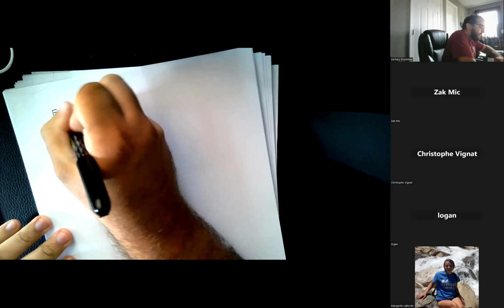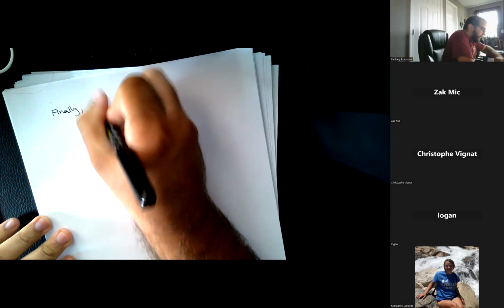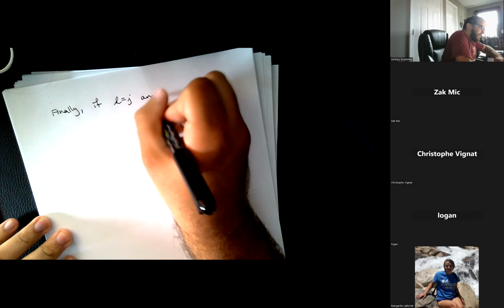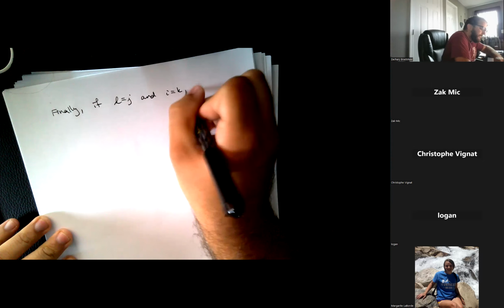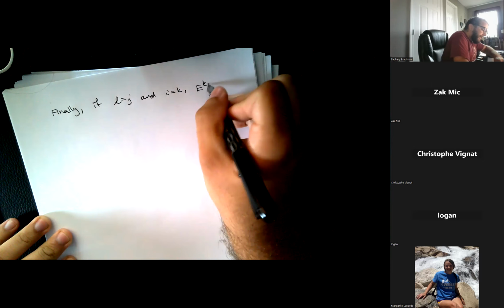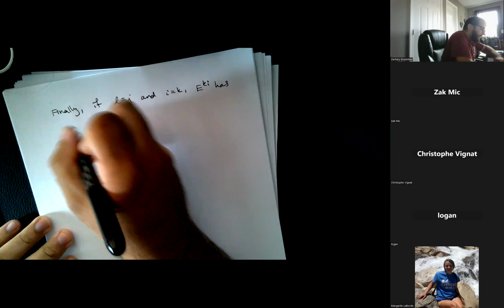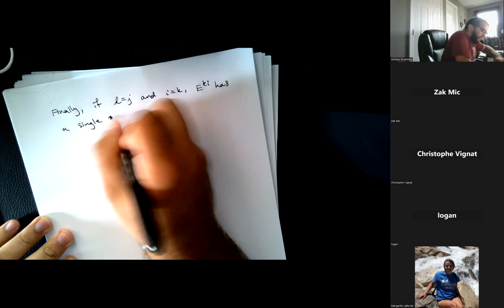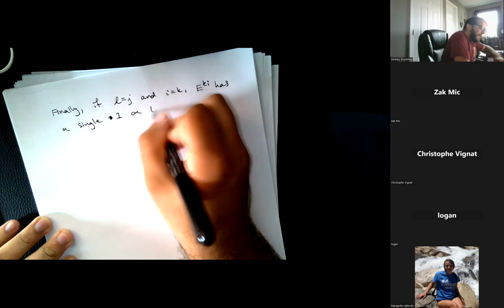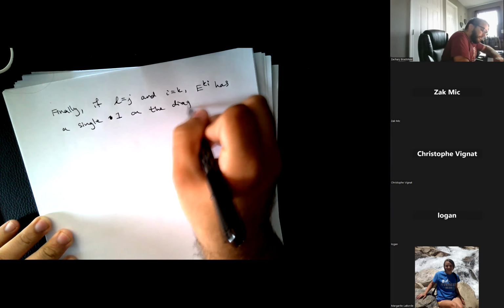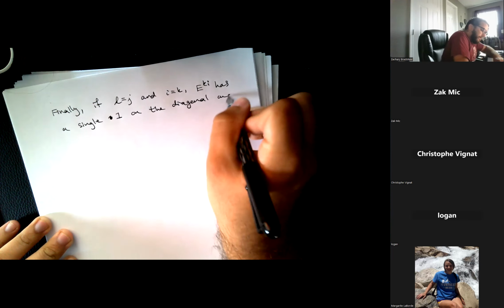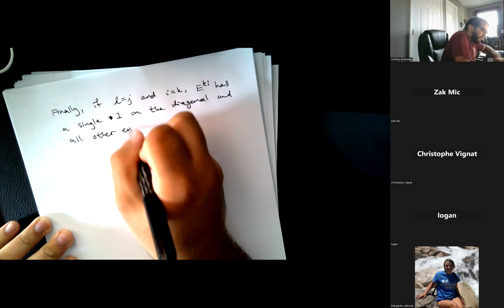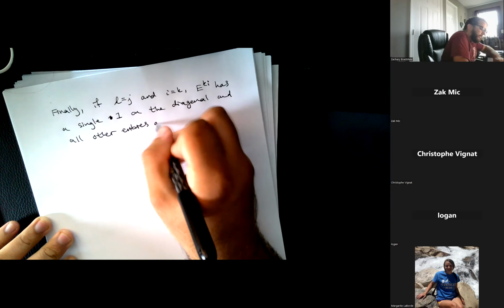So finally, if l is equal to j and i is equal to k, then E_ki has a single 1 on the diagonal, and all other entries are 0.